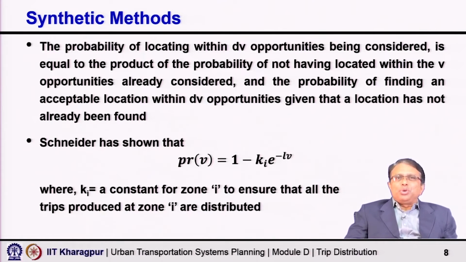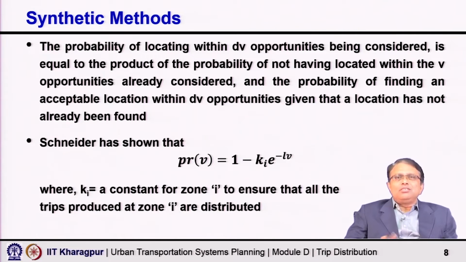The probability of locating within dV opportunities being considered is equal to the product of the probability of not having located within the V opportunities, 1 minus probability of V, that is what is said, the same thing, and the probability of finding an acceptable location within dV opportunities, given that a location has not been already found out.